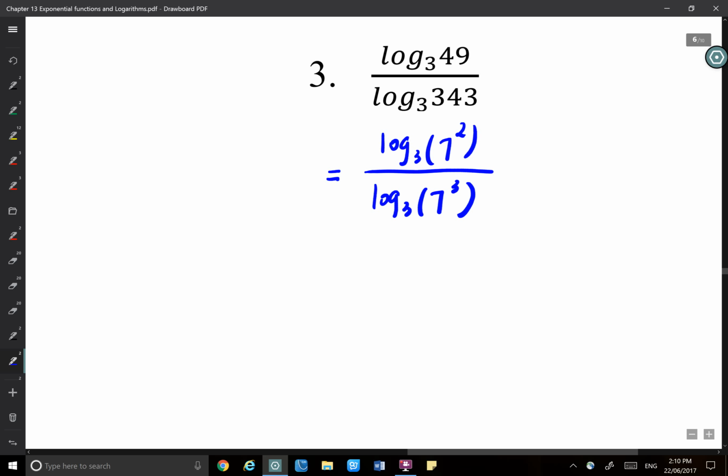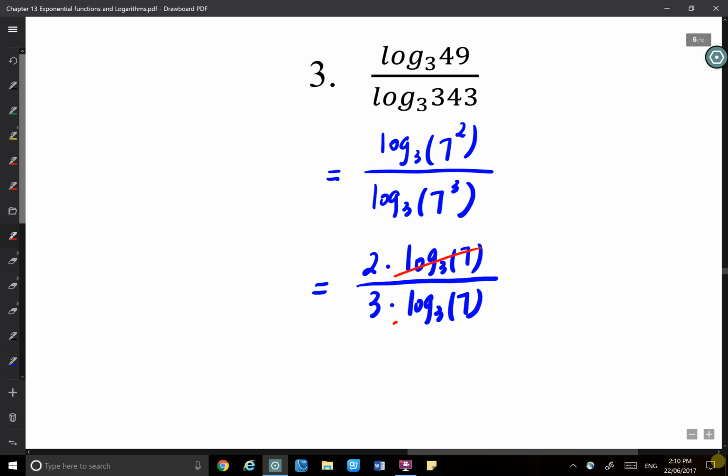That is what you need to do for this question. Then you have 2 times log base 3 of 7 over 3 times log base 3 of 7, and they get cancelled. What we have is 2 over 3 here.